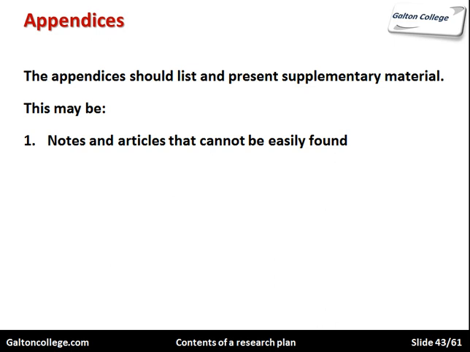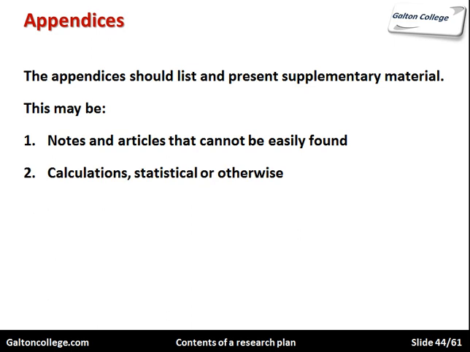So if in the course of doing the research, the researcher found some articles, some perhaps published, or perhaps old published articles, but it would be very difficult for the reader to find those. It would be a real effort. And if it's allowed under copyright rules, but if it is allowed, perhaps take a copy of it and include it in the appendix. So it makes it easy for the reader to see that particular article as well, particularly if the article is very important.